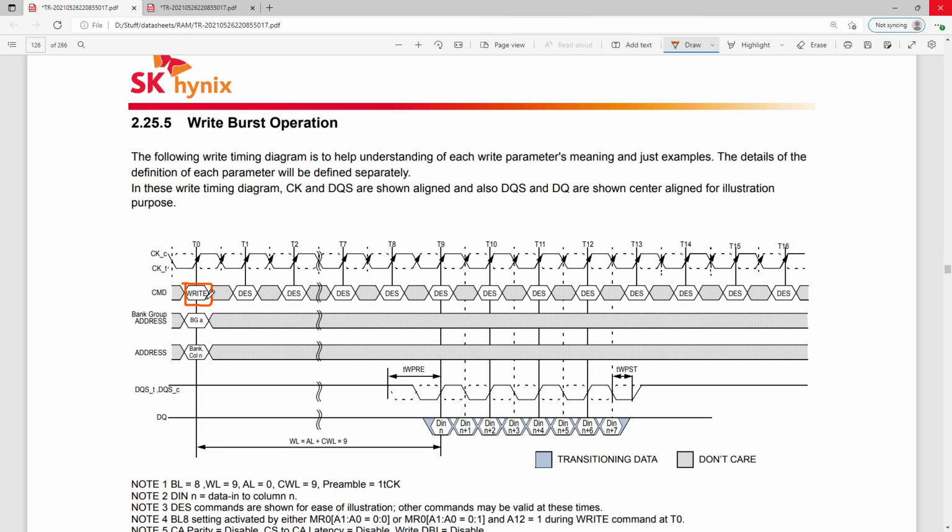We send a write command and the memory chip starts getting ready to receive the data. Then after some delay, we start the write preamble, so the data queue strobe starts up. And then after some more delay, the memory controller starts sending data out of alignment with the clock.